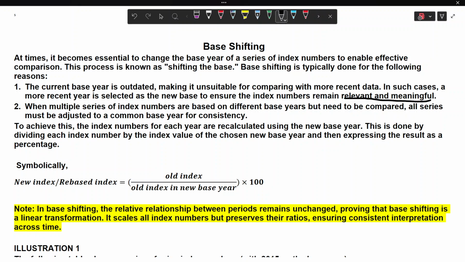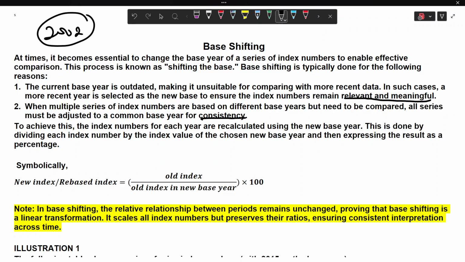Another reason: when multiple series of index numbers are based on different base years but need to be compared, all series must be adjusted to a common base year for consistency. That's why we shift the base. What this is trying to say is that sometimes we would have a base year of, let's say, 2002.